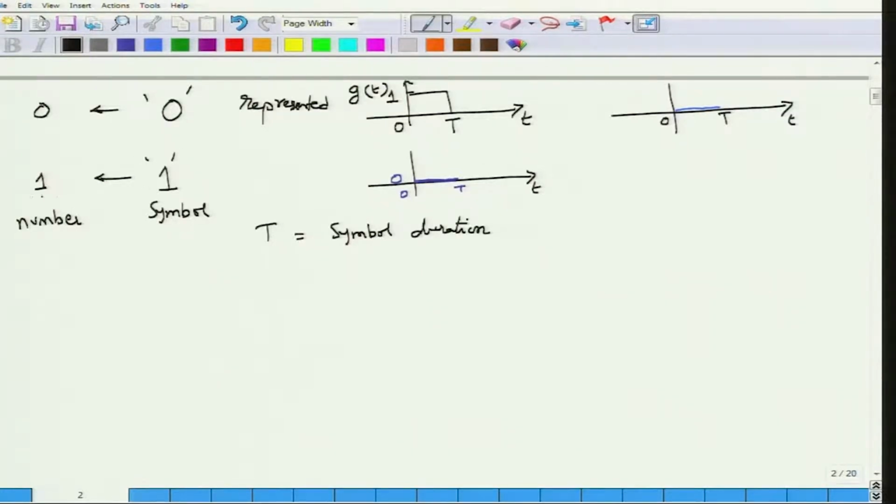So if you use 1 to denote the symbol 1 and 0 to denote the number 0, this 0 and 1 is the binary digit. Okay. Each of them is called a binary digit, or short for bit. Okay. So a bit 0 is represented by a waveform which is a rectangular pulse having a duration T seconds and an amplitude of 1, and bit 1 is represented by an amplitude of 0 for a duration of T seconds. Okay. So this is what my waveform representations look like.